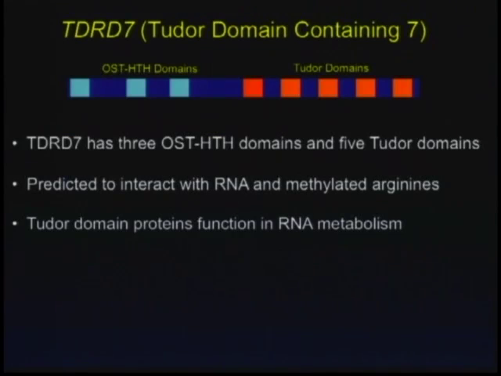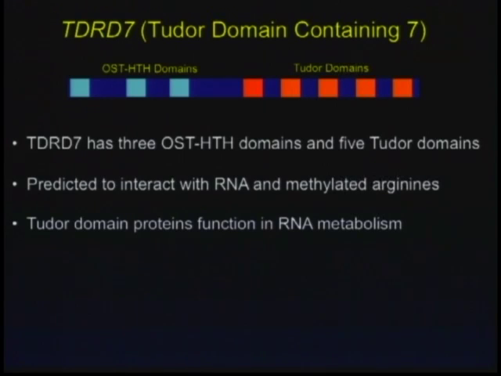What is Tdrd7? Tdrd7 gets its name from Tudor domain containing protein 7. It's a family of genes, actually having 10 family members. Tudor domain proteins are conserved from Drosophila to humans, mostly found in the context of germline development. And Tdrd7 is unique because it's one of only 2 Tdrd family members in humans which has these interesting 3 repeats of what are known as the OST-HTH domains.